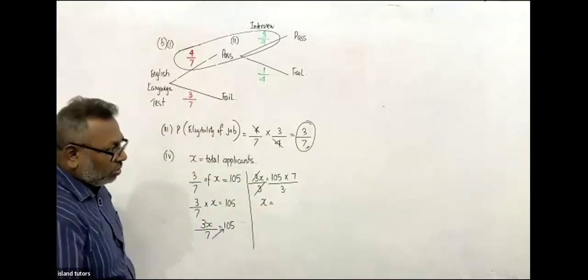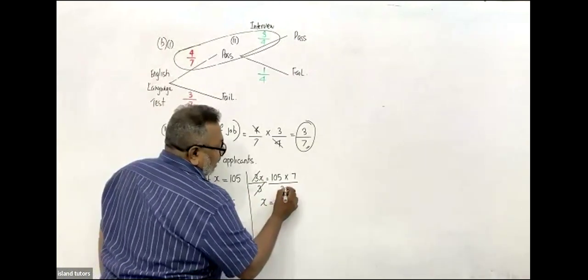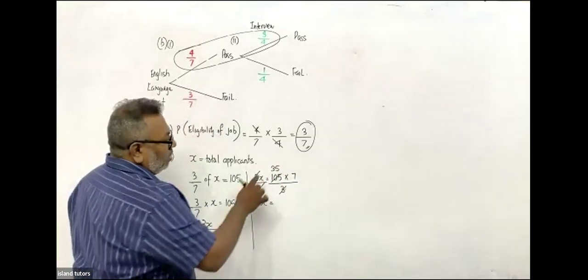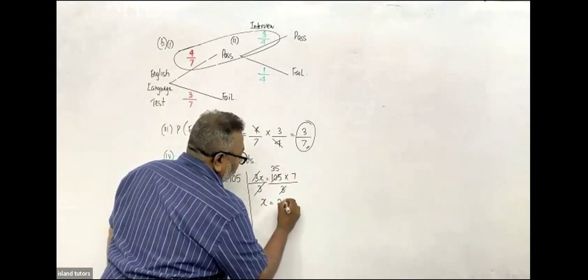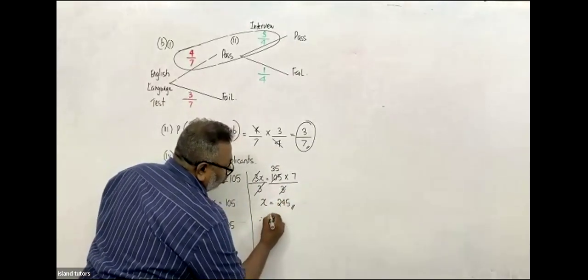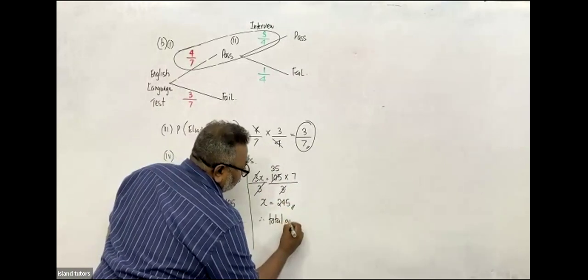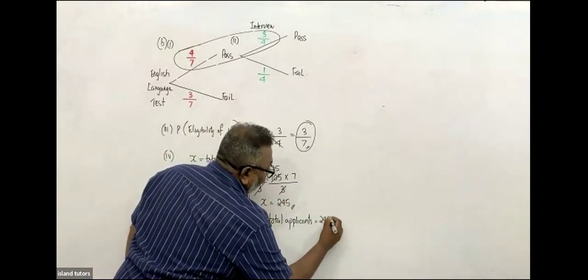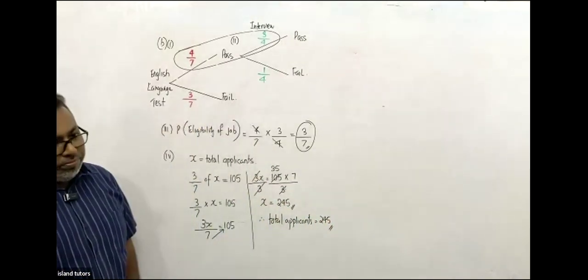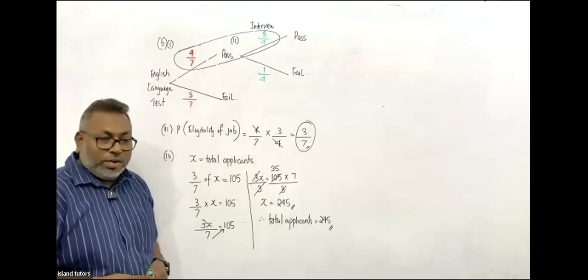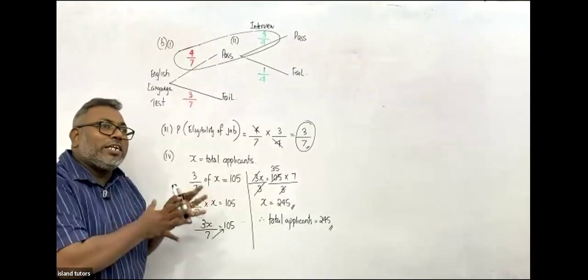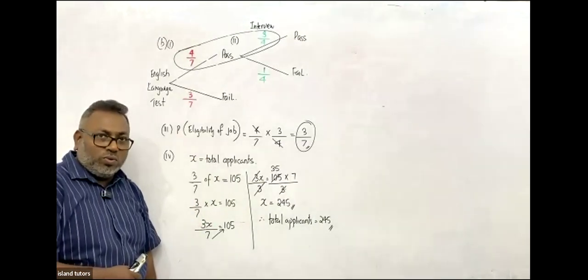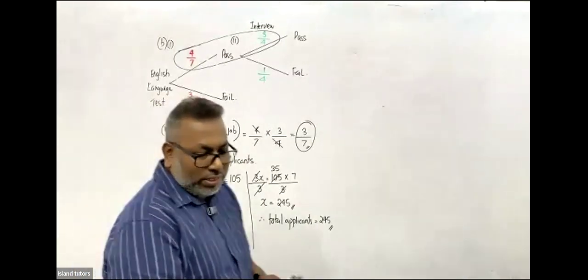X is equal to 105 divided by 3 is 35. 35 multiplied by 7 is 245. So total applicants is 245 people. That's your answer for question number 4. So they've included in the probability a fraction part also. Okay, so you can see how they are putting questions through.